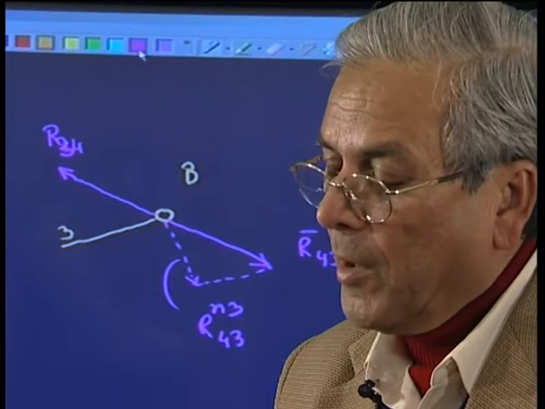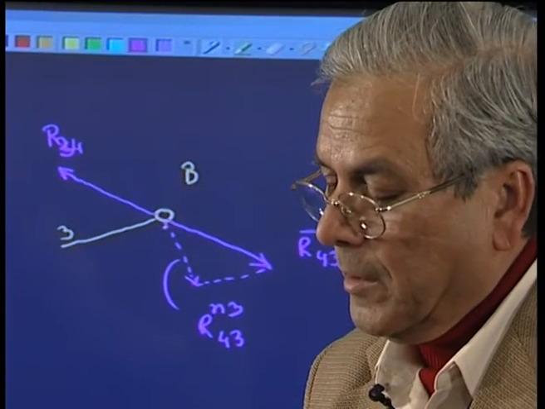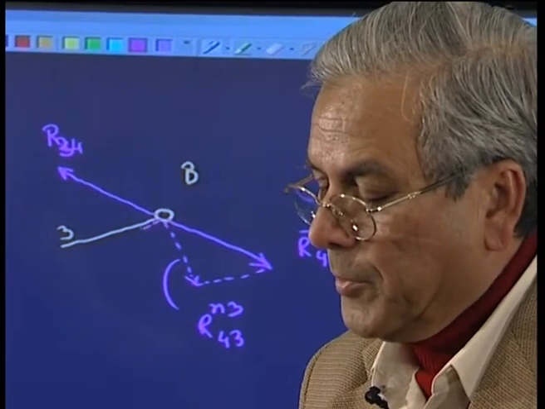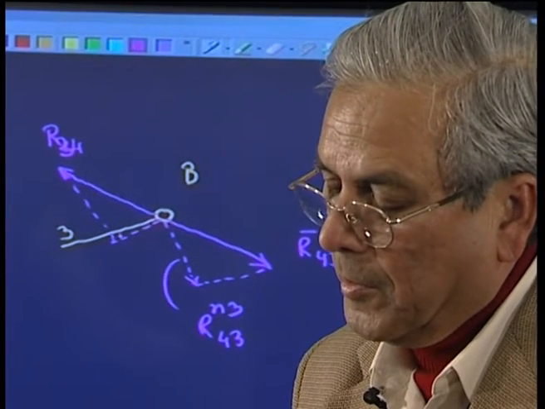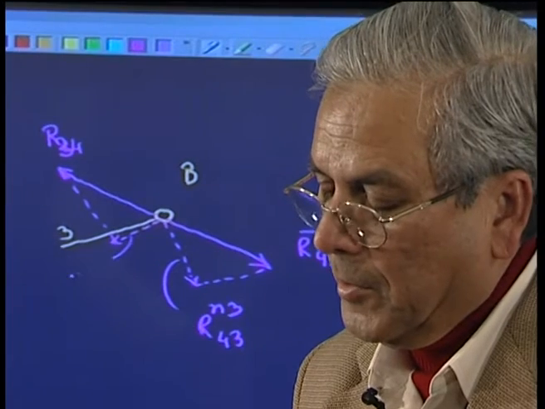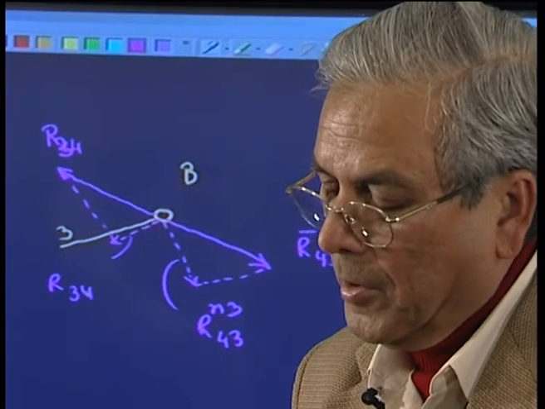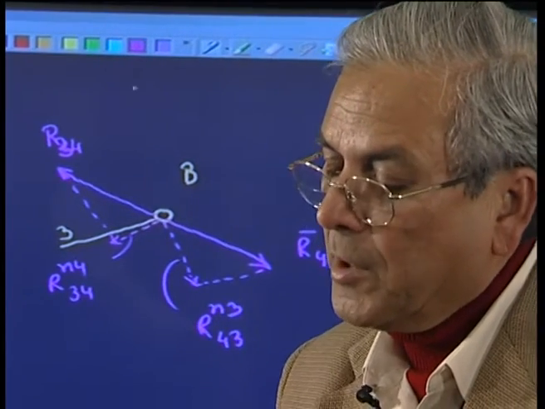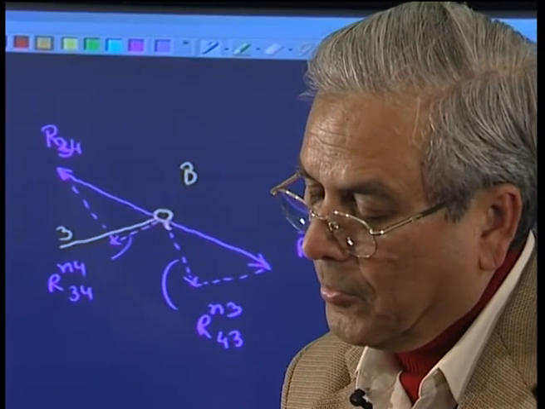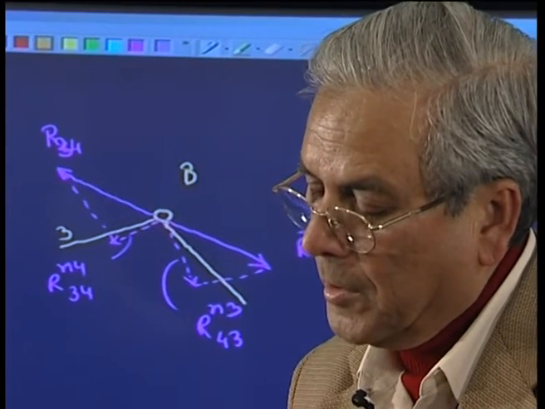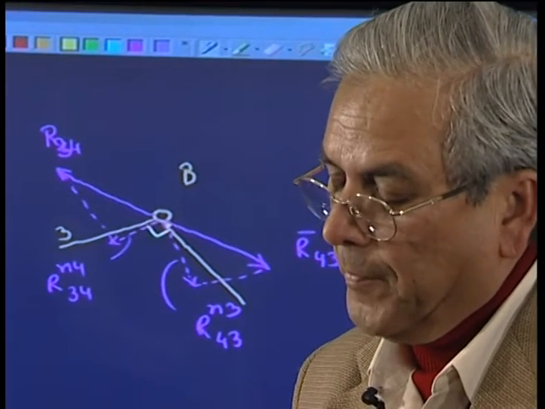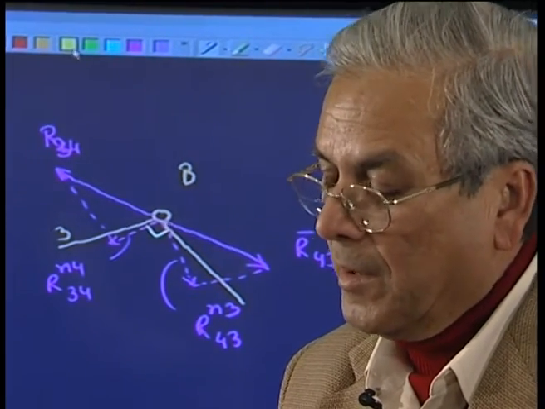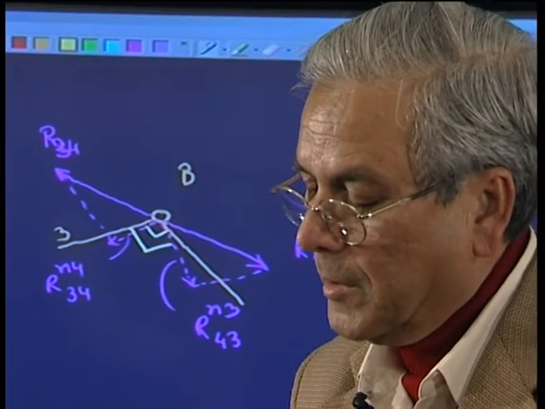We have also found out another component of this R34, which is R34 normal to 4, because link 4 or the crank was in this direction. So, this is 90 degrees and this is 90 degrees.